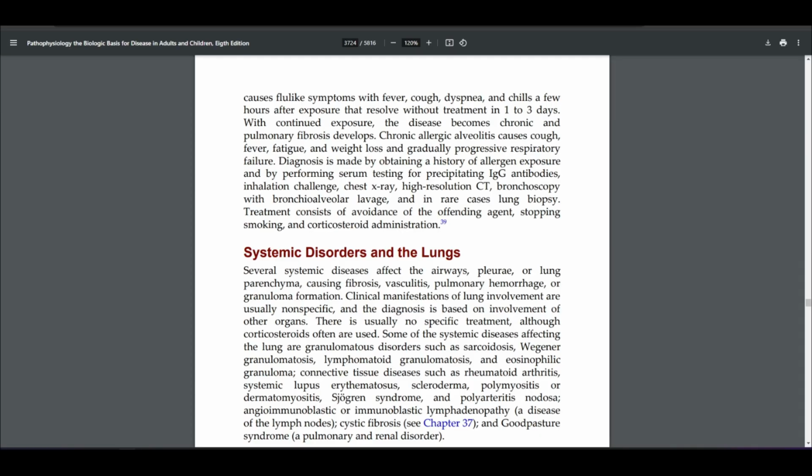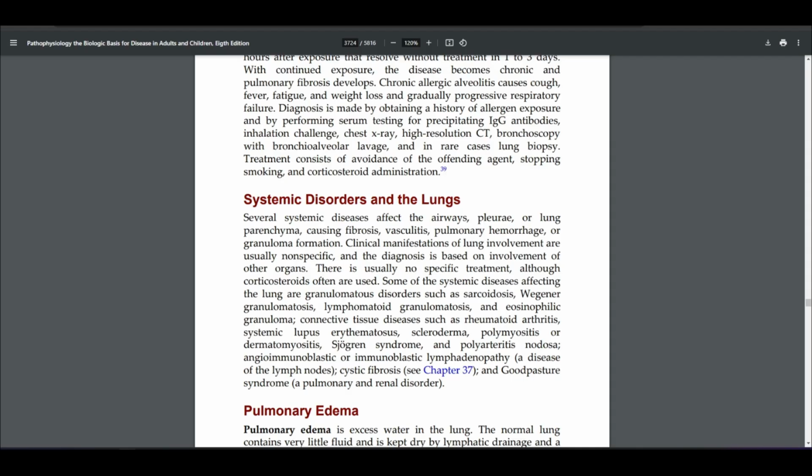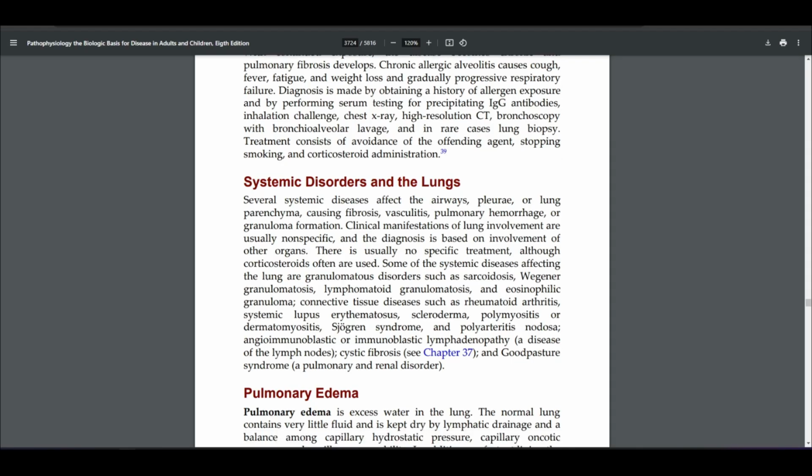Diagnosis is made by obtaining a history of allergen exposure and by performing serum testing for precipitating IgG antibodies, the inhalation challenge, chest x-ray, high-resolution CT, bronchoscopy with a bronchoalveolar lavage, and in rare cases a lung biopsy. Treatment consists of avoidance of the offending agent, stopping smoking, and corticosteroid administration.